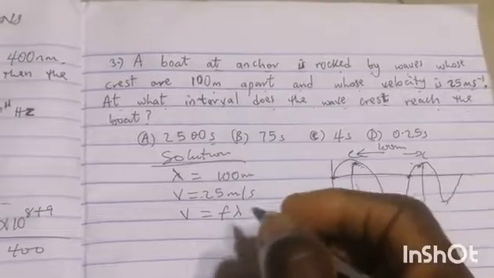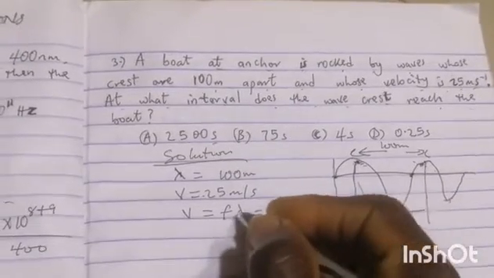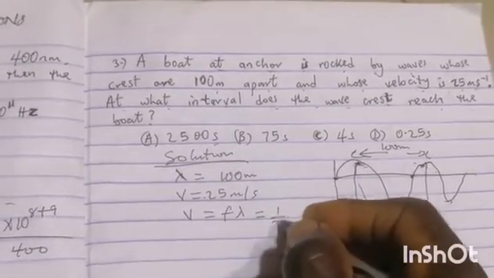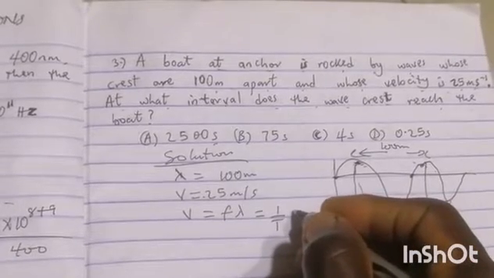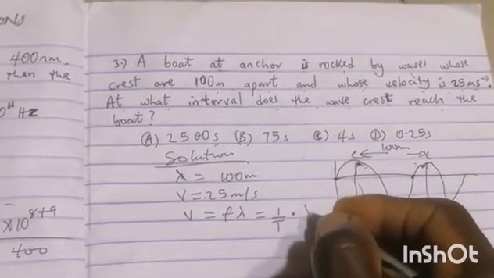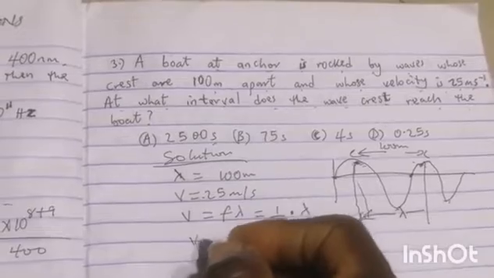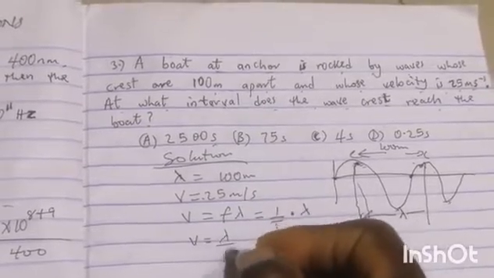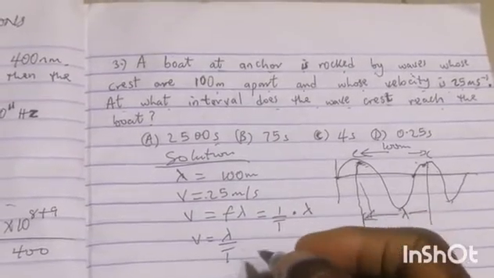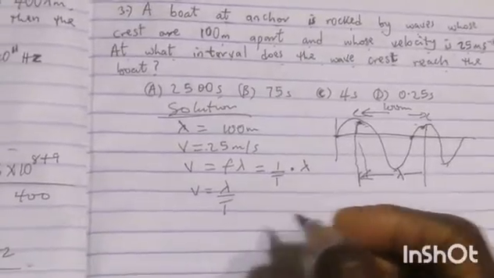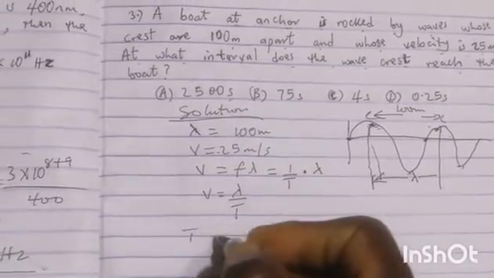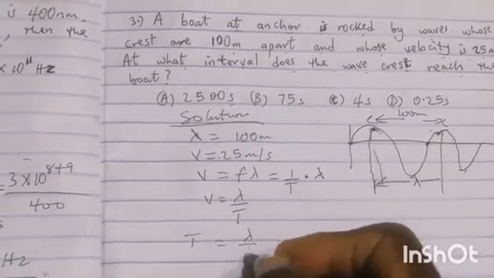So what they're asking us is the period. Our f is 1 over period, times our wavelength, so V equals wavelength over time. If we cross multiply, the time will be wavelength over V.